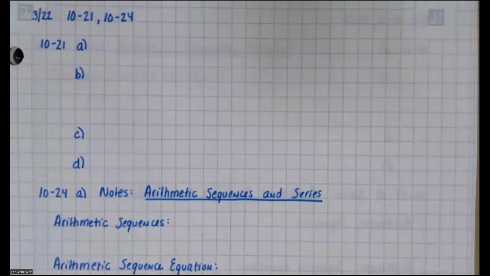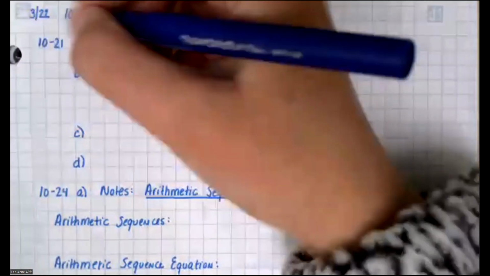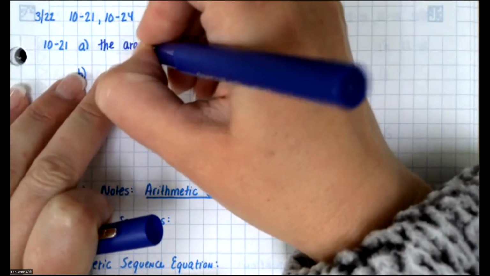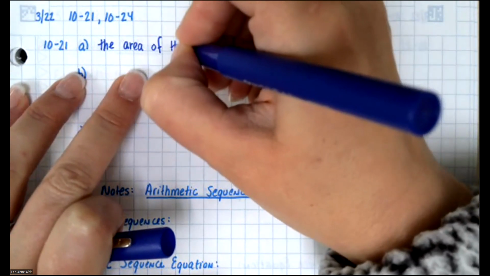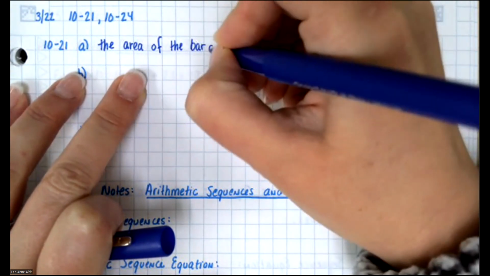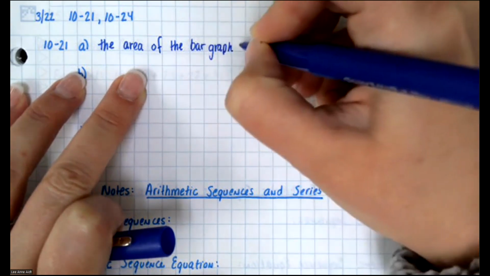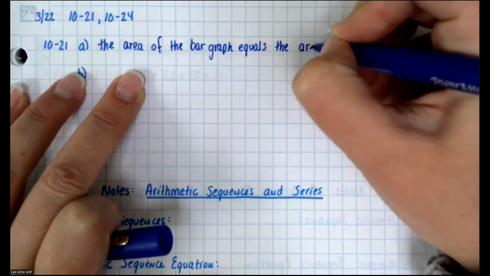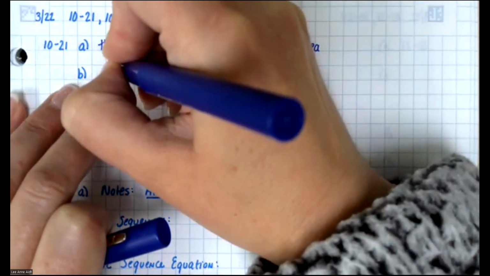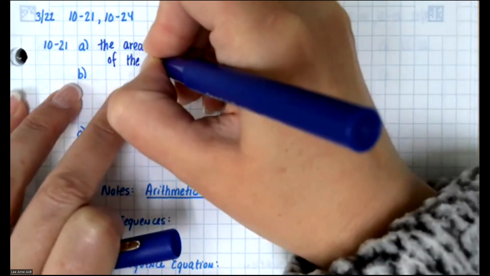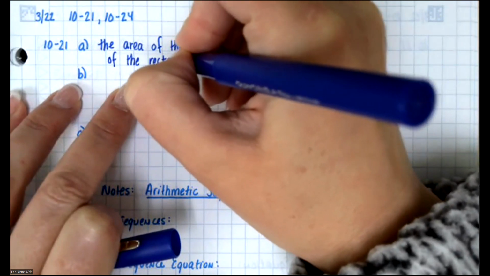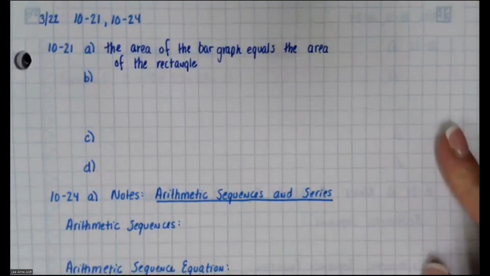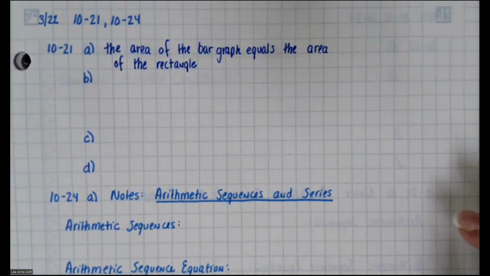So the area of the bar graph equals the area of the rectangle.